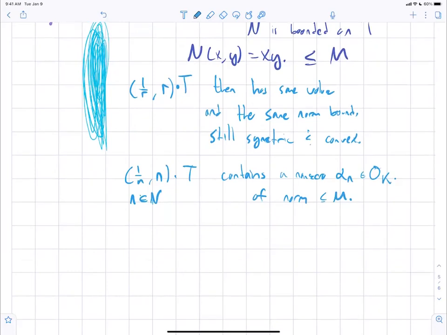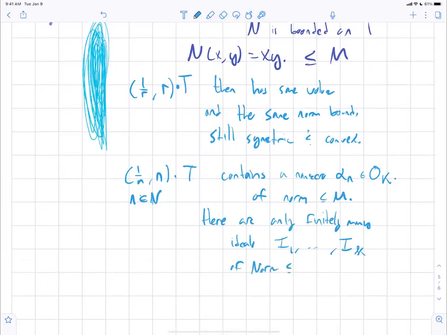But there are only finitely many ideals of O_K of norm less than or equal to m, and in particular only finitely many principal ideals.